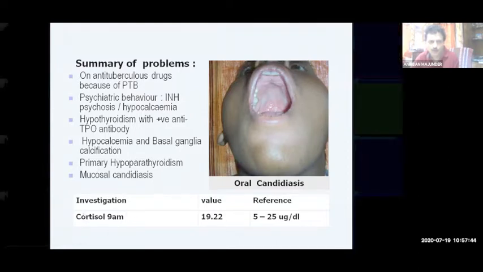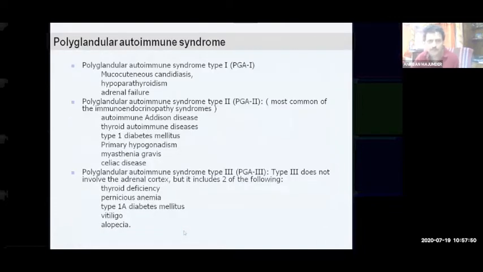So we looked into autoimmune adrenal insufficiency, but this patient had a normal cortisol at 9 a.m. If you look into the polyglandular autoimmune syndrome, you will find that type 1 is associated with mucocutaneous candidiasis, hypoparathyroidism, and adrenal failure. Presence of any two of the three actually makes the diagnosis.